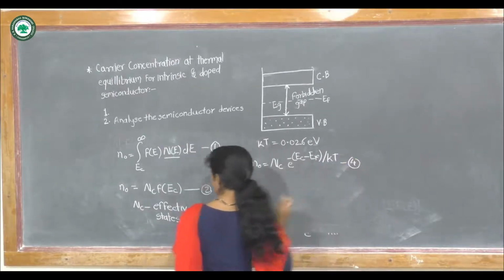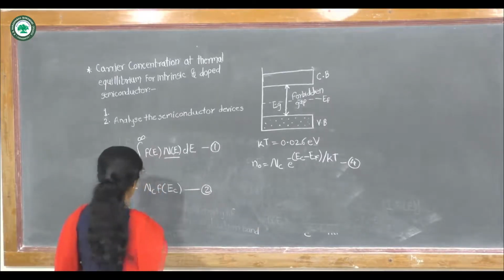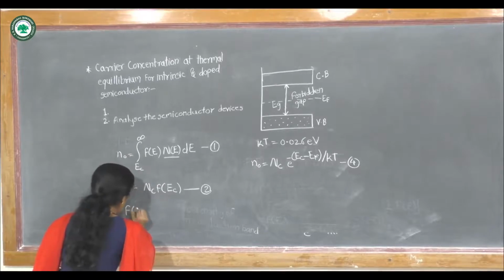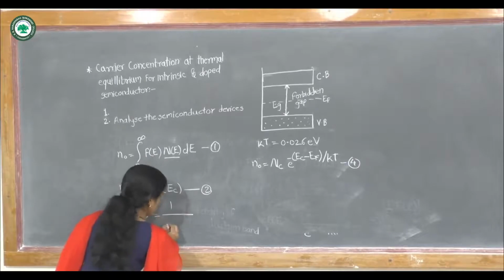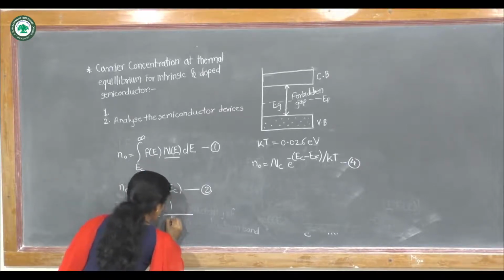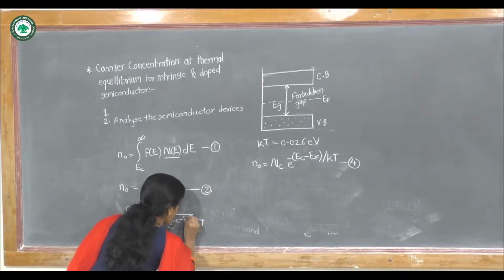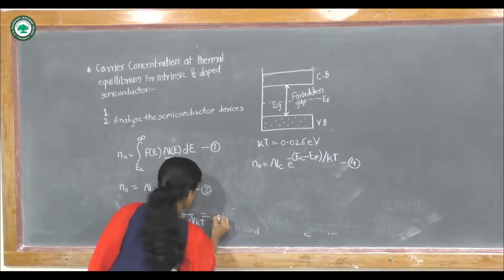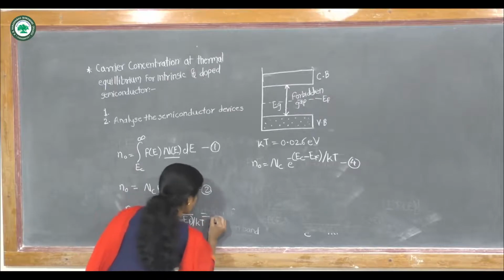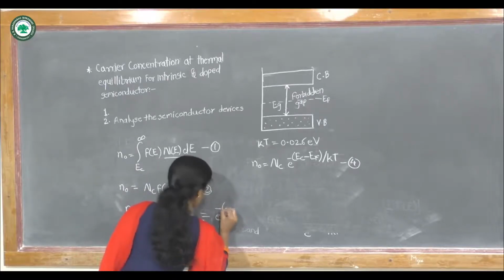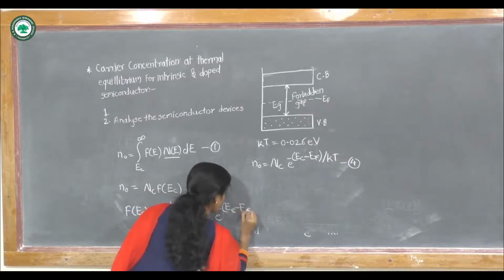And we have the equation number 3, which is f(EC) is equal to 1 upon e raised to (EC minus EF) upon kT, which is equal to e raised to minus (EC minus EF) upon kT.